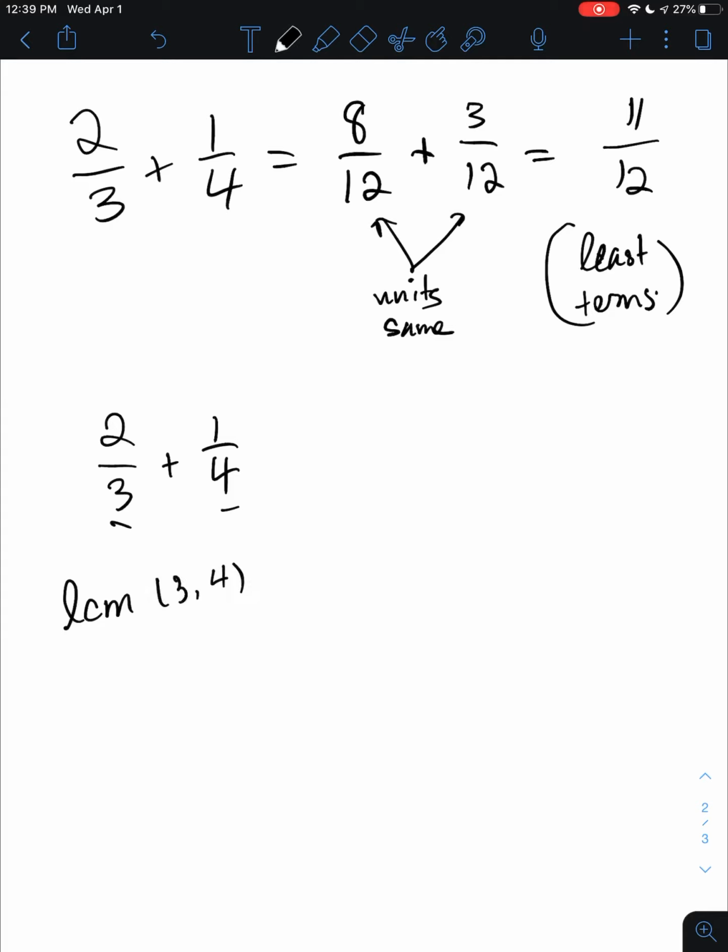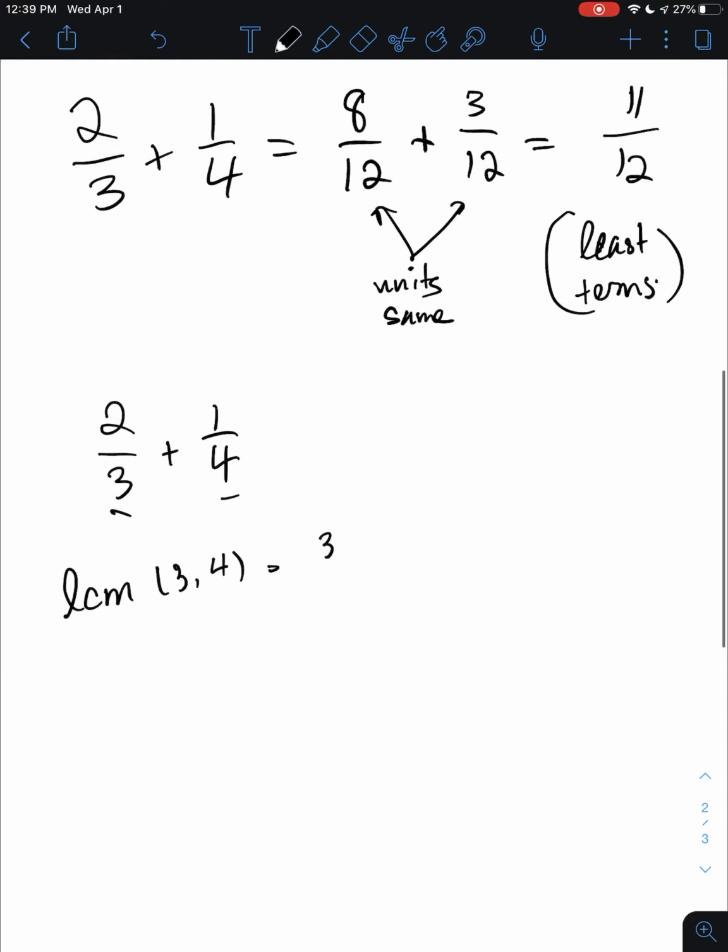And so we know various ways to find the LCM of 3 and 4, but I'm going to use the Euclidean algorithm just because I'm on a roll with the Euclidean algorithm. So our Euclidean algorithm method for finding the LCM is to multiply the two numbers and then find their GCD.